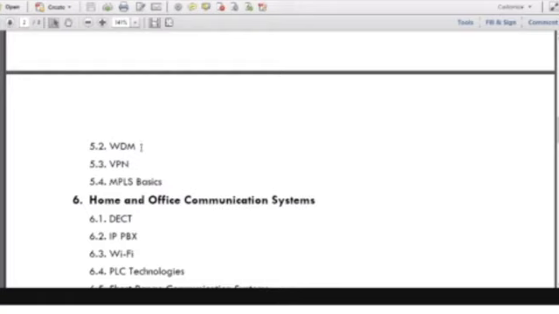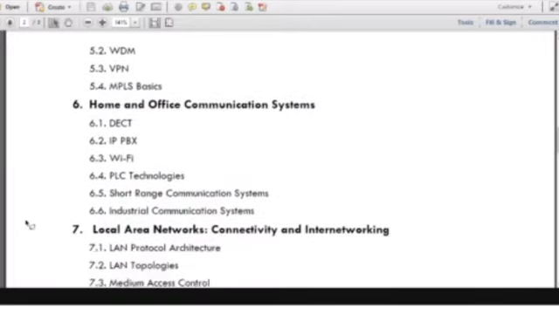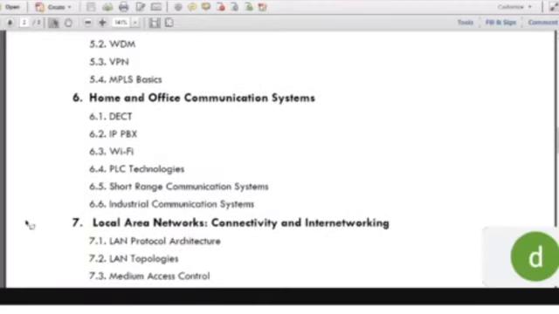So once we cover this fifth lecture, our next discussion will be home and office communication systems. This is to mention some of the technologies that have evolved.